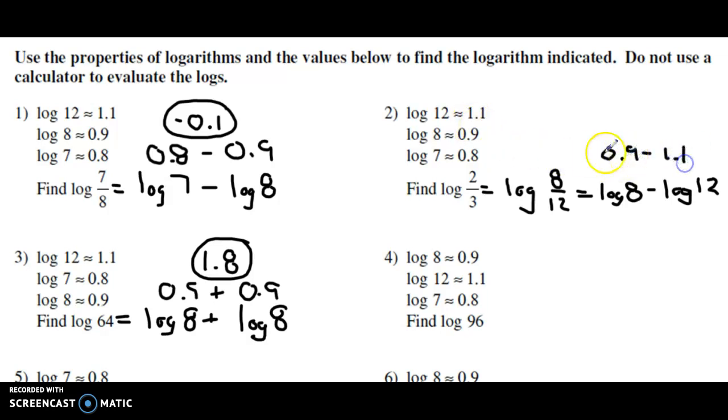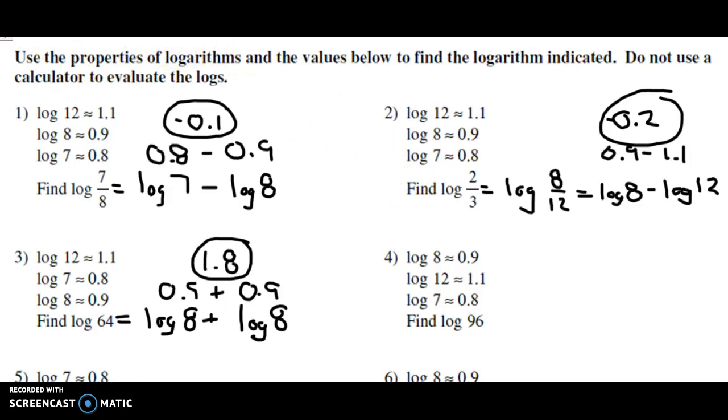So we're going to do 0.9 minus 1.1, which is negative 2/10, or negative 0.2. And there we go. So there's our estimate for number 2. Okay? And so that's how you'll proceed with this.